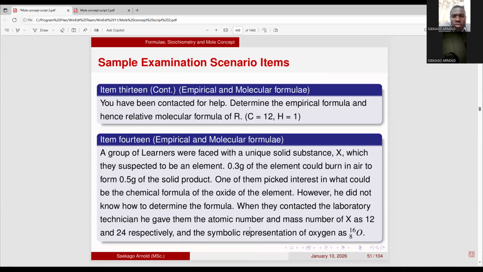It says that the atomic number and the mass number of X are 12 and 24 respectively. So for atomic mass of X, here we use atomic mass, not atomic number. Yes, we use atomic mass because that is what the step stipulates.